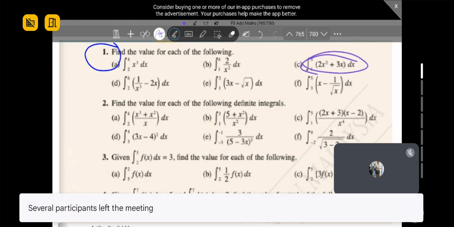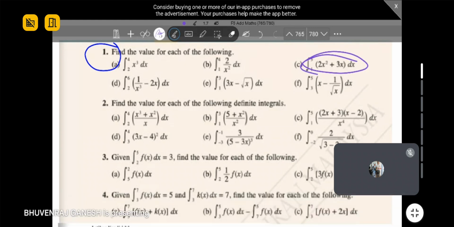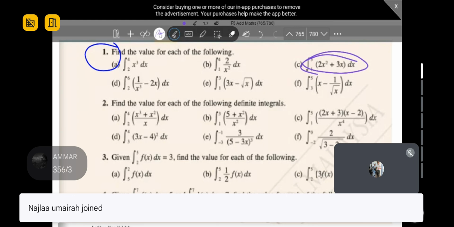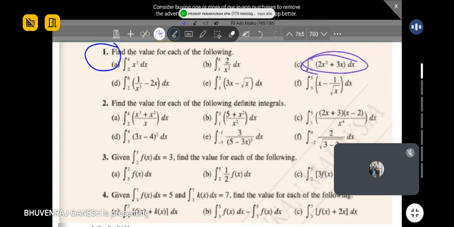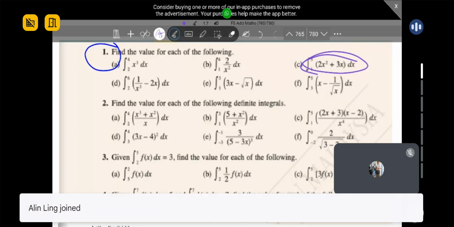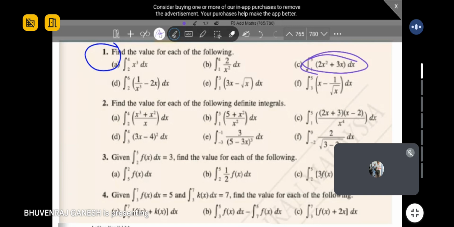Respon sikit. Bukan. Saya nak jawapan selepas kamiran. I want the answer after you integrate. Bukan jawapan akhir. Saya nak jawapan selepas kamu kamirkan. Sebelum kamu gantikan had. Before you substitute the limit, guys. What is the answer? Apa jawapan kamu? Can you all tell me for this one?